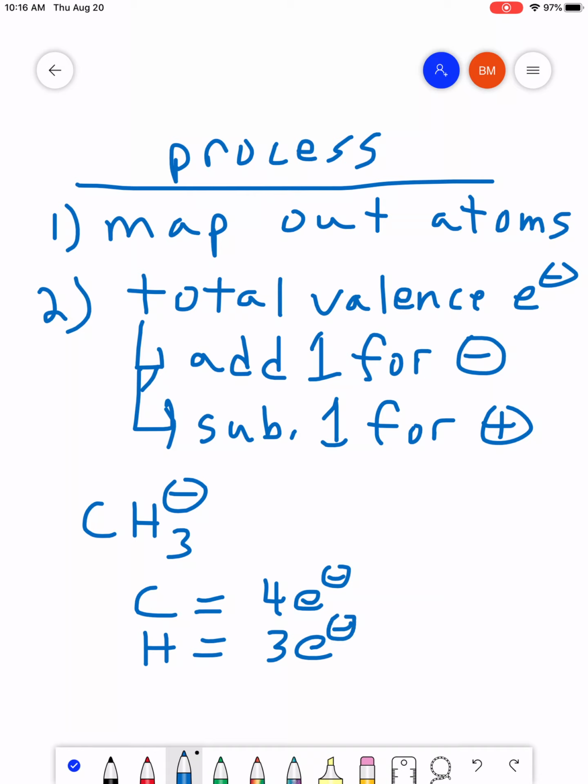And then you have a negative charge, so you would have to add 1 to that, and that would give you a total of 8. Now, we're going to start off looking at neutral structures, but we will get into charged ones in a little while.